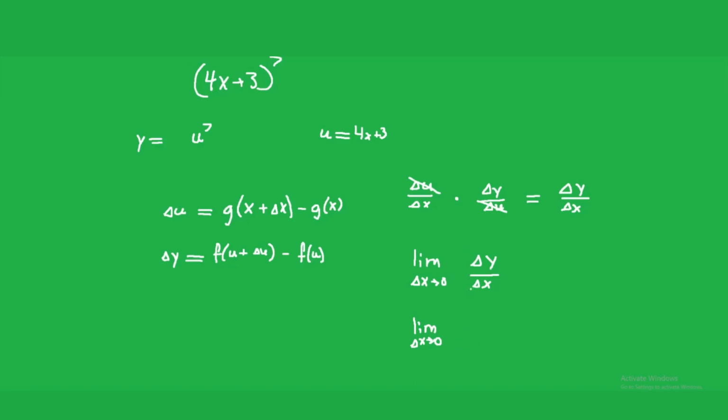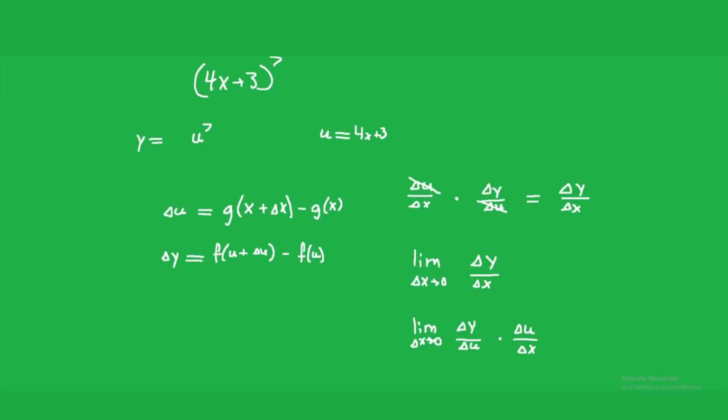I just wrote it backwards. I'm going to say delta y over delta u multiplied by delta u over delta x. Remember, it's just the same thing. I just wrote it in a different way.